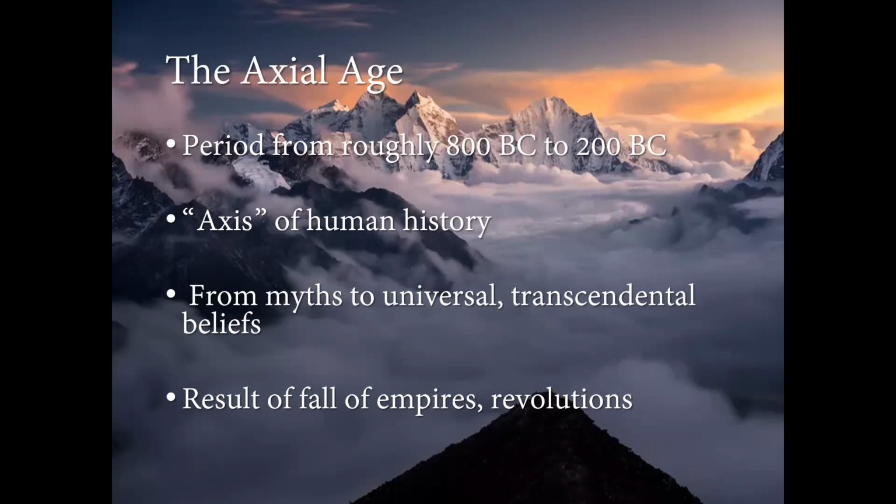The collapse of the Indus Valley civilization, the collapse of Minoan civilization, then Mycenaean civilization in Greece, the collapse of great Near Eastern empires after 1400 in the Near East, Egypt, the Hittite Empire, the Syrian Empire later on, Babylonia, the Warring States period in China. The collapse of great states and rise of smaller ones led people to question traditional beliefs, not necessarily to get rid of them, but to deepen them and extend them.